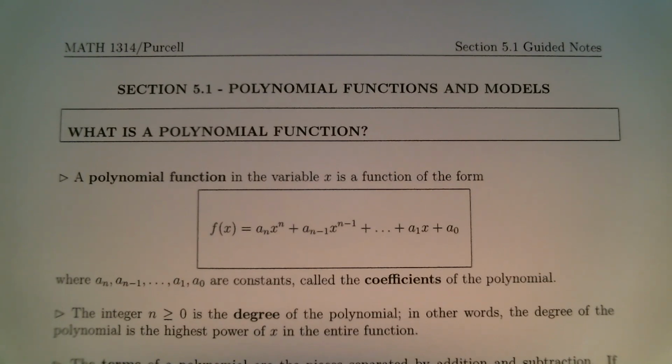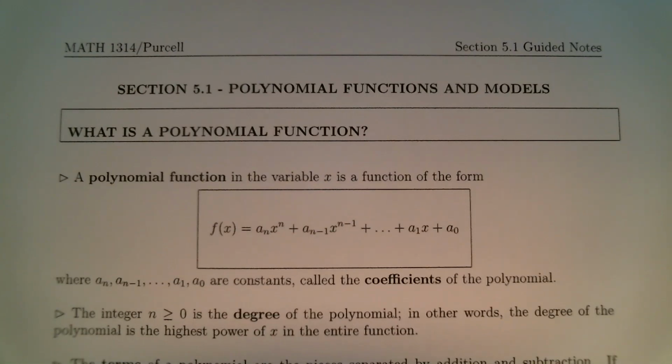That was because any polynomial that you were given does not contain any square roots and does not contain any fractions. And those were the two troublesome spots for domain. Those were the things that got you in trouble. And since a polynomial is devoid of square roots and fractions, you could plug in anything you wanted for x, and so the domain ended up being all real numbers.